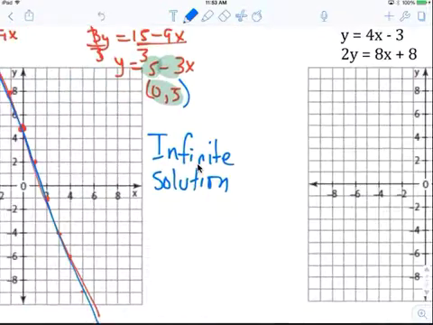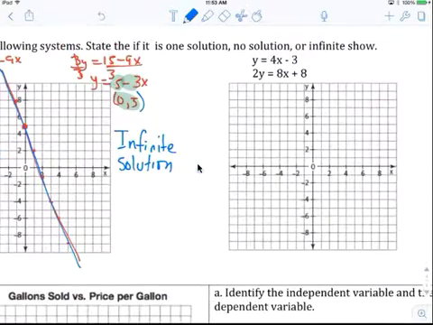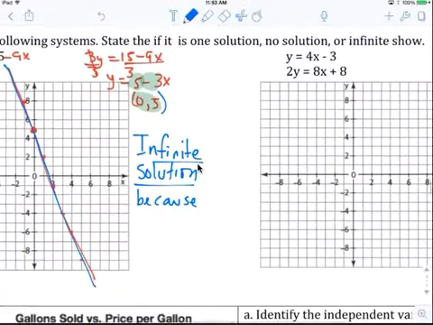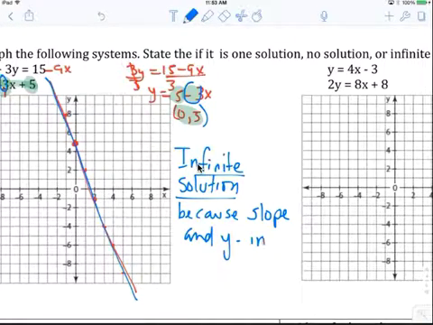I believe I asked it on the test: how do you know if it's infinite solution or no solution? Infinite solution because this rate of change, or just use slope, same thing, and y-intercept are the same.